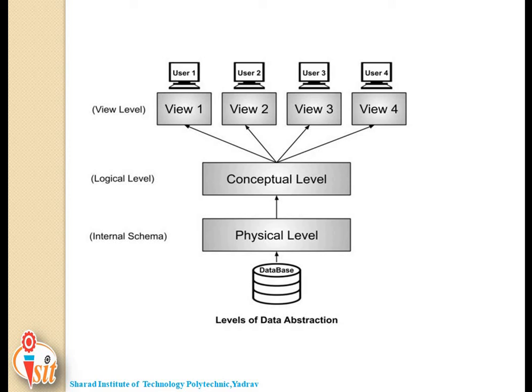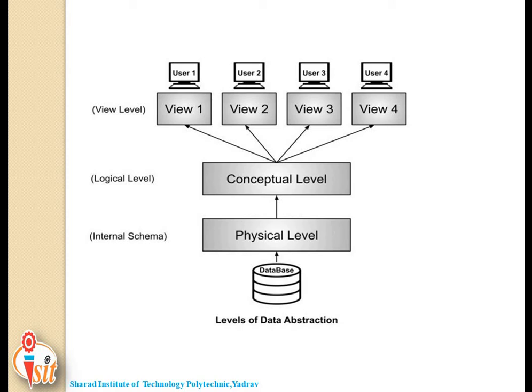Here you can see different levels of data abstraction. First one is the physical level, second one is the conceptual level, and third one is the view level. The physical level is also called the internal schema, the conceptual level is called the logical level, and the last one is the view level. Physical level: here you can see the physical level is the lowest level of abstraction.